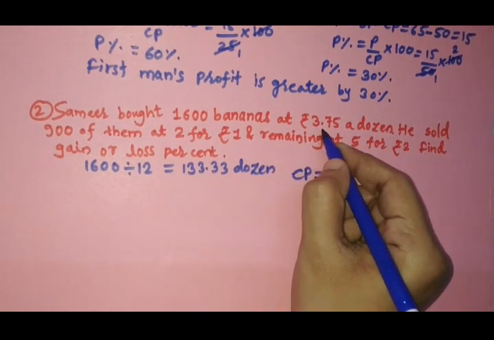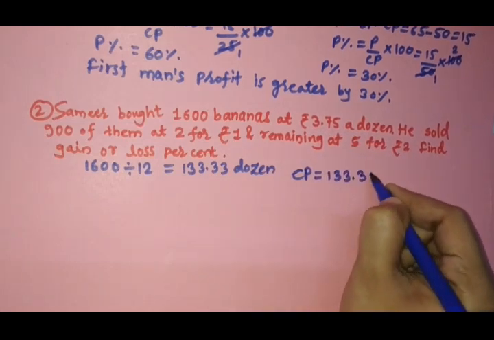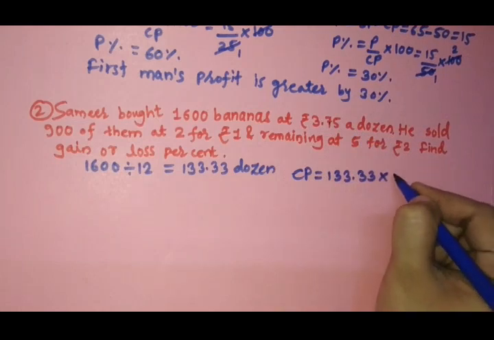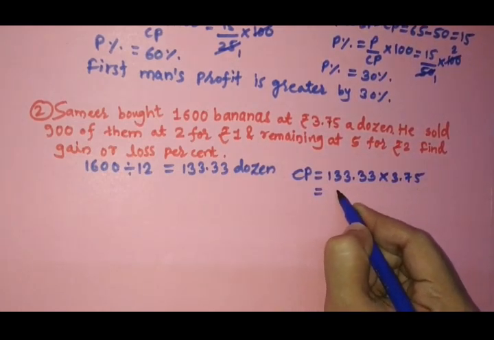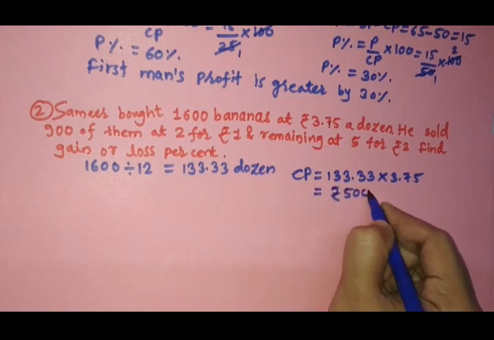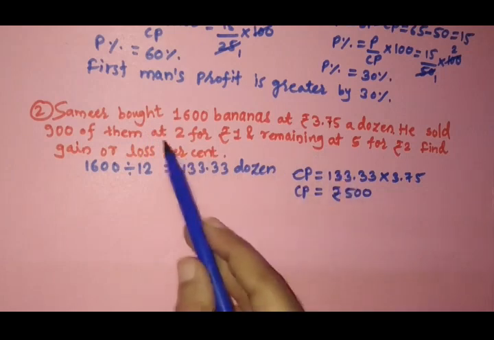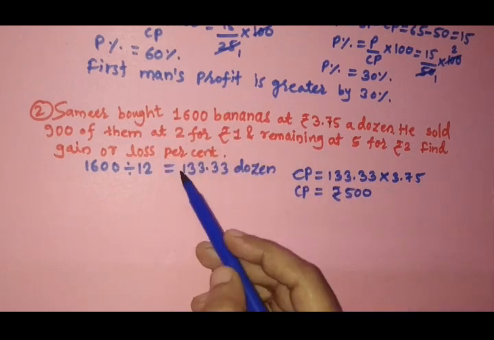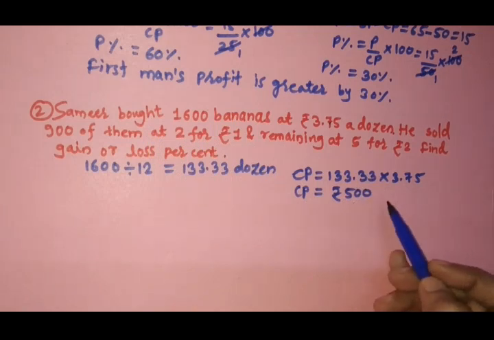One dozen is for rupees 3.75 and we have 133.33 dozen, so you will multiply by 3.75. So we'll get rupees 500. So Samir bought 1600 bananas, which is equal to 133.33 dozen, which cost him rupees 500.